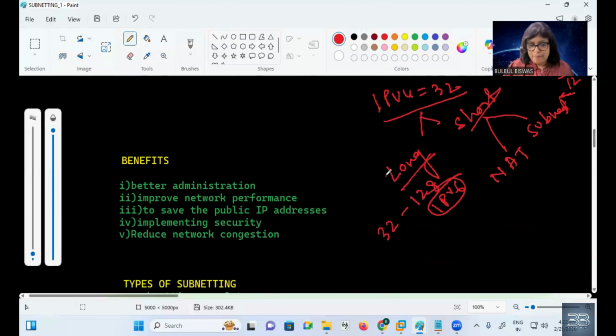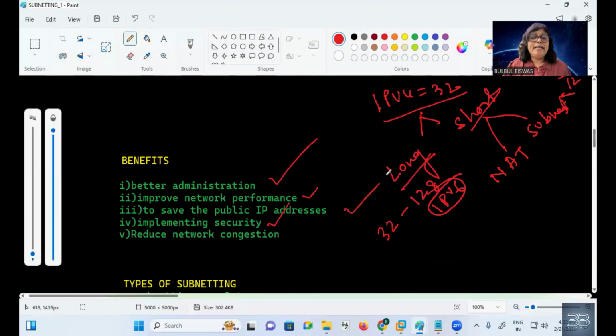So there are lots of benefits. First, better administration, what I told you at the very beginning. It is very good to manage a lesser number of hosts rather than a large network. Next, improved network performance. Of course, the network is small, so the data transmission speed will increase. Third, to save the public IP. Just as I told you, that is the purpose of developing this concept.